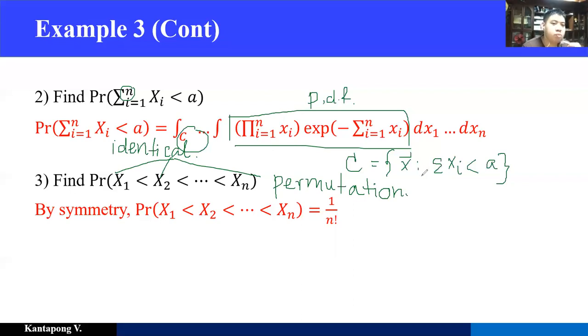When this is a problem of permutation and everything is identical, we can use symmetry. The symmetry is such that the order has x1 first and then x2 until xn. It is 1 over n factorial, because given n seats, we have to place x1 and x2 and so on. We have n factorial permutations, but only one permutation is allowed.